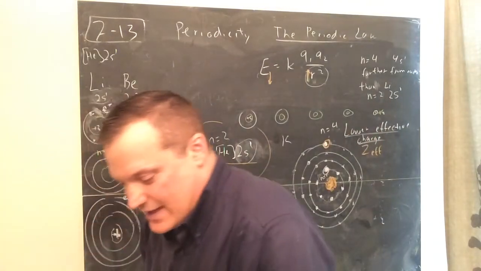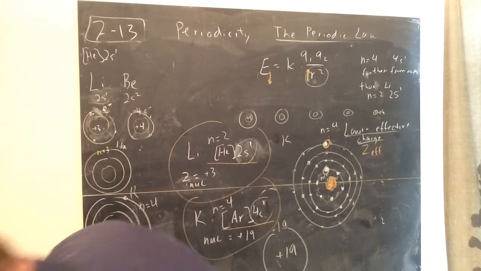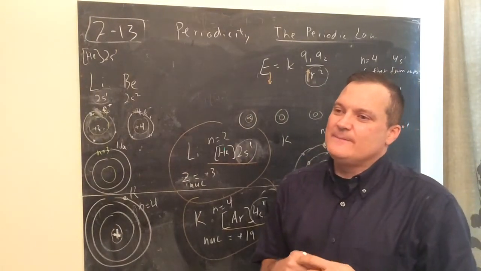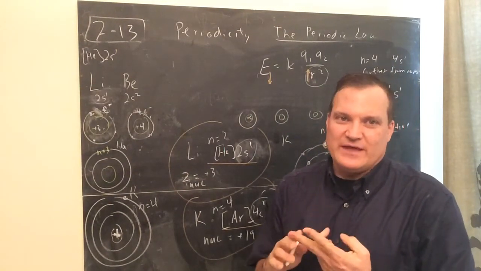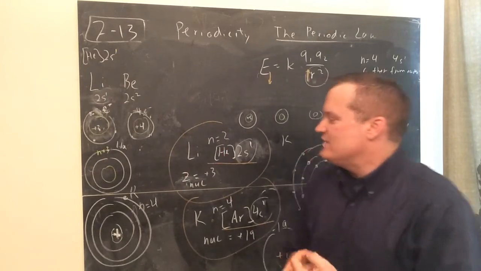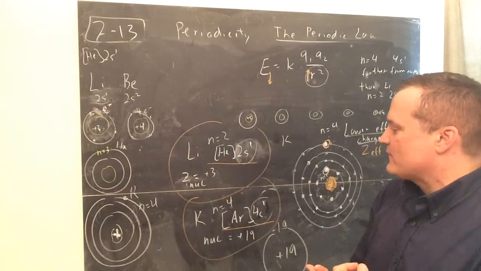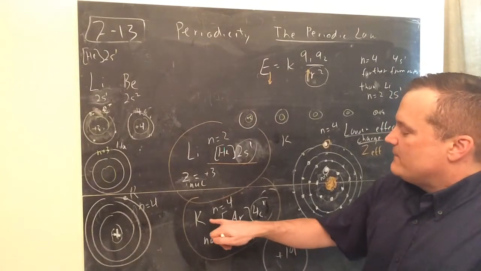So you're allowed to use any of those concepts, but I would say both things. I would bring up shielding, and I would also bring up being farther from the nucleus. Like how about this?